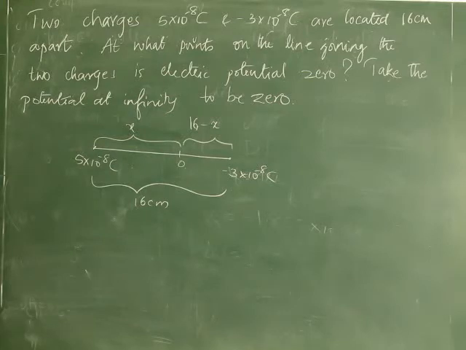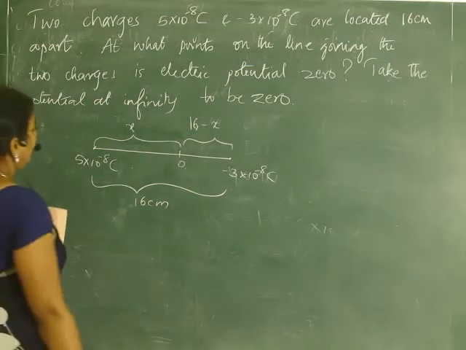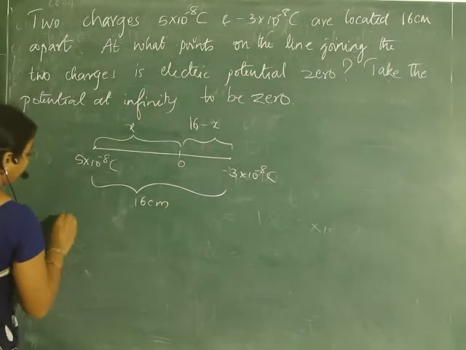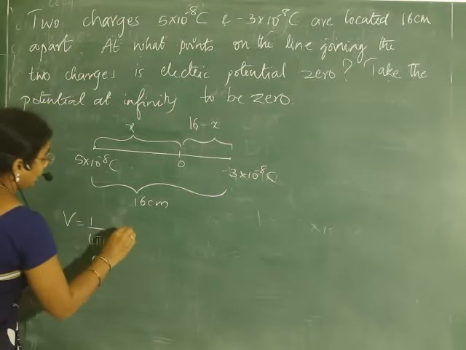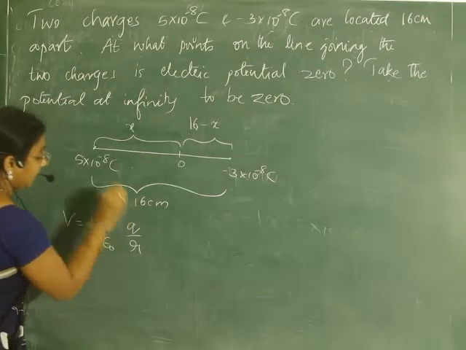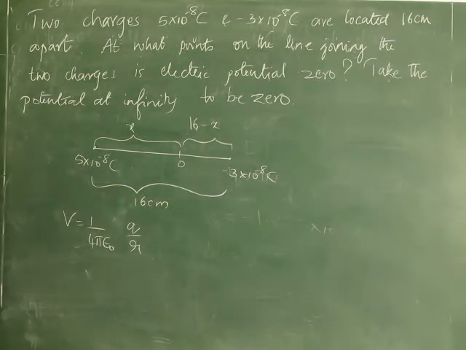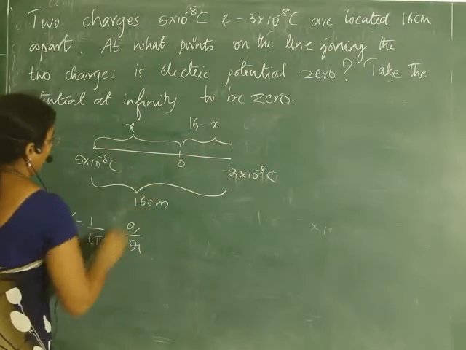Next, how can we solve further? We know the expression V is equal to 1 by 4 pi epsilon naught Q by R. Use this for this one.